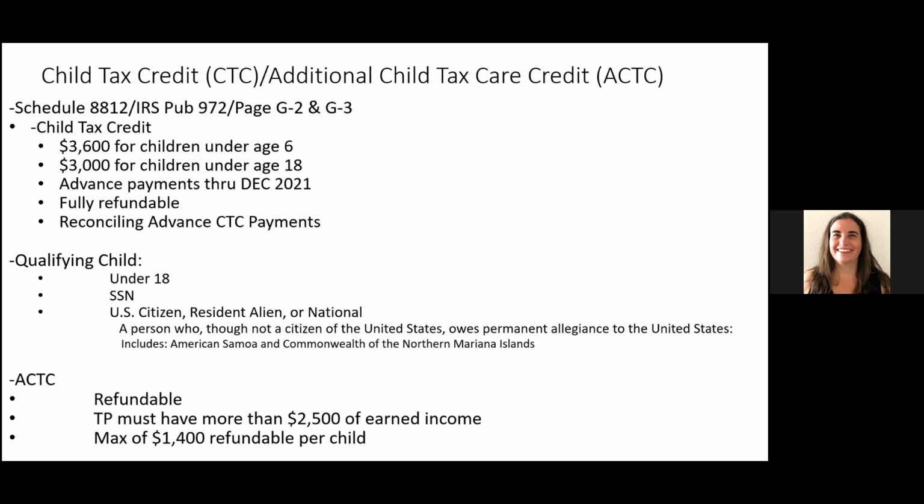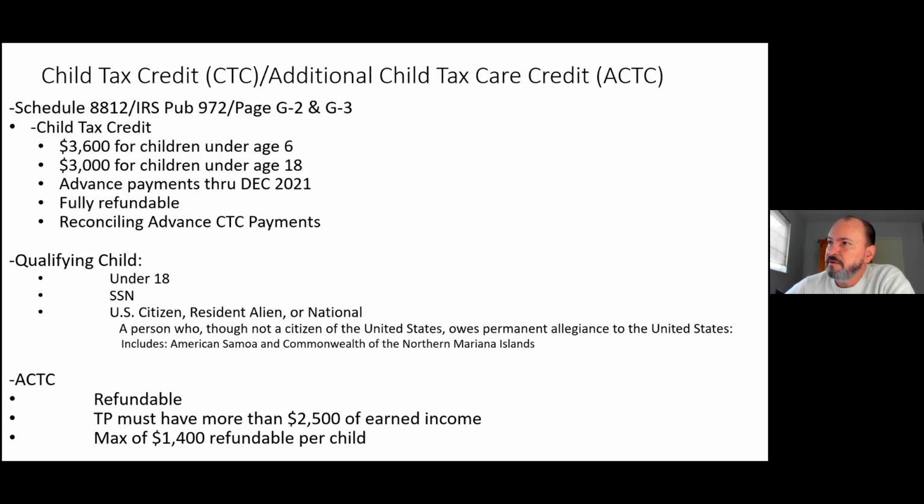Number 6, lived with the taxpayer for more than half of the tax year. See exception to time lived with you section on the child tax credit chart on the following page. Number 7, must have a social security number that is valid for employment issued before the due date of the return, including extensions.